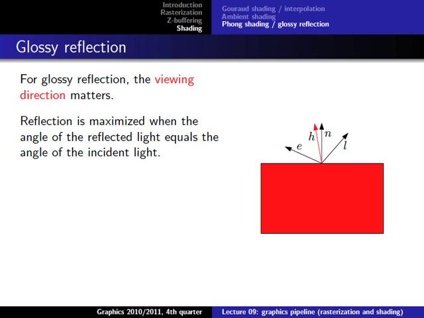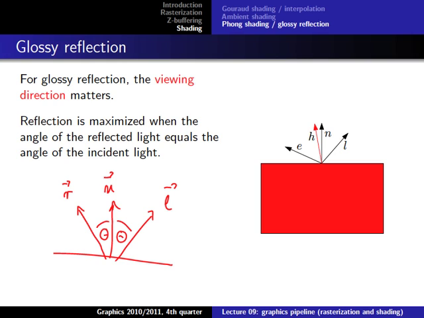So we have here the surface, the normal vector, and the light vector L. If we have a perfect reflection, this is the reflection vector R, the vector that has the same angle to the normal as the light vector L. Now if our eye is exactly in that direction, then we get the maximum intensity, because this is the maximum reflection, and it gradually decreases the more we move our eye away from that position, in each direction.